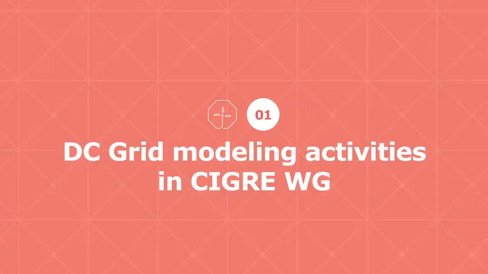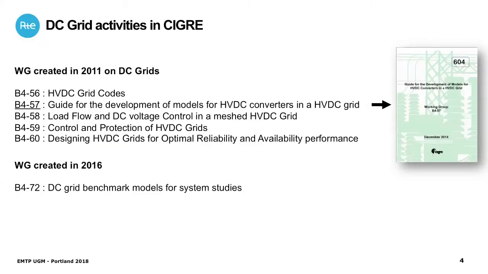So, the DC grid modeling activities in the CIGRE working groups. Many working groups were created in 2011 on DC grids in CIGRE. You have the list here: on the grid code, on load flow, and DC grid control in the meshed HVDC grid. Some of you have been involved in some of these working groups. In B4.57, we worked on the guide for development of models for converters in HVDC grids.